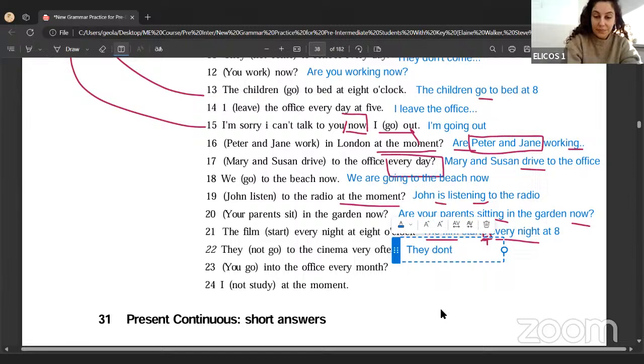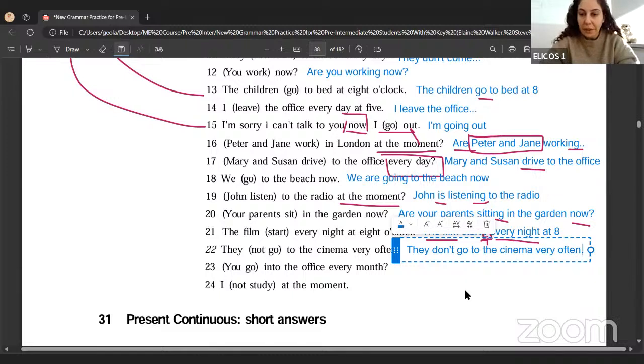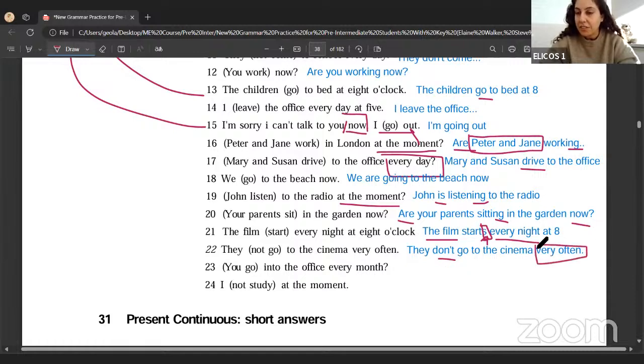They don't go to the cinema very often. Yeah, so it's talking about a routine. We need to use the simple, so they don't go to the cinema. I can see very often, that's your routine, talking about someone's routine.